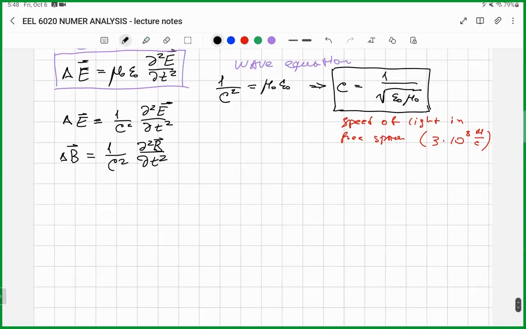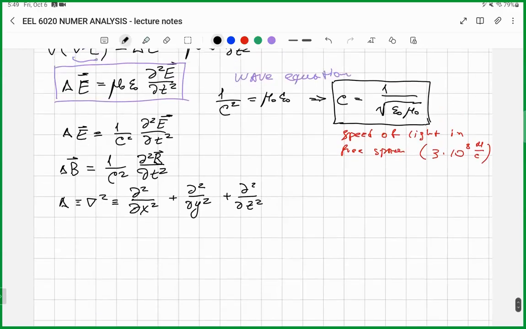And I also remind you that the Laplacian is nothing but the nabla squared, and it's given by the sum of the partial derivatives of second order by x, y, z.